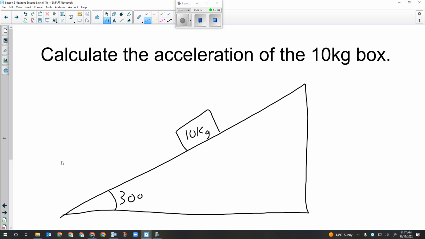This mass would have the force of gravity acting down. I mean, gravity acts on things. We can't stop that. That force of gravity in this particular situation will be 98.1 newtons, 10 times 9.81. When I put something on a ramp, the ramp holds some of the weight.